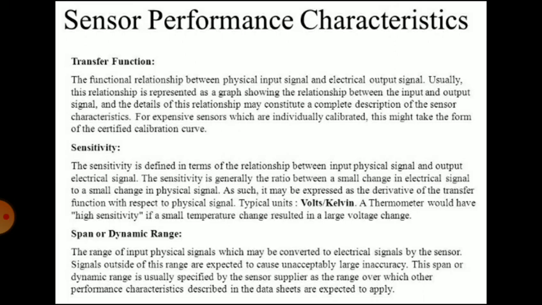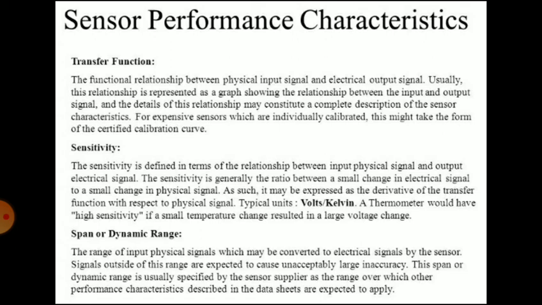Then span or dynamic range. The range of input physical signals which may be converted to electrical signals by the sensor, that is called the range. Signals outside of this range are expected to cause unacceptably large inaccuracy.